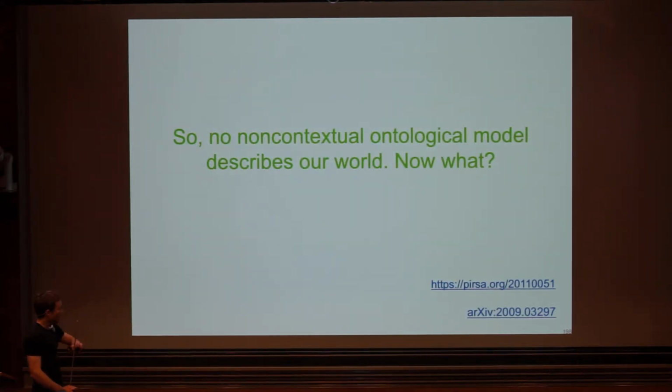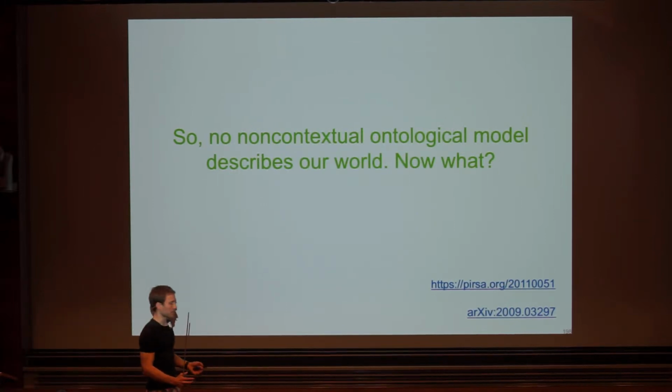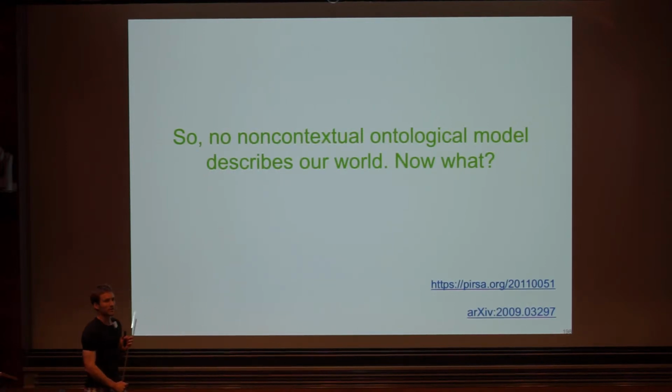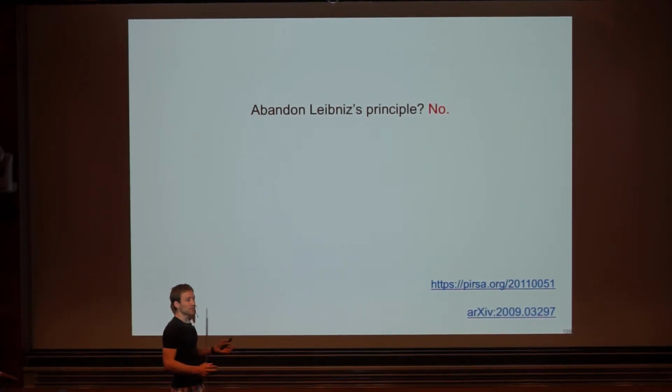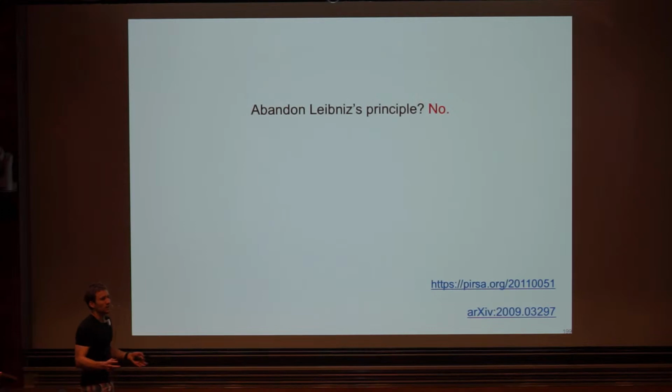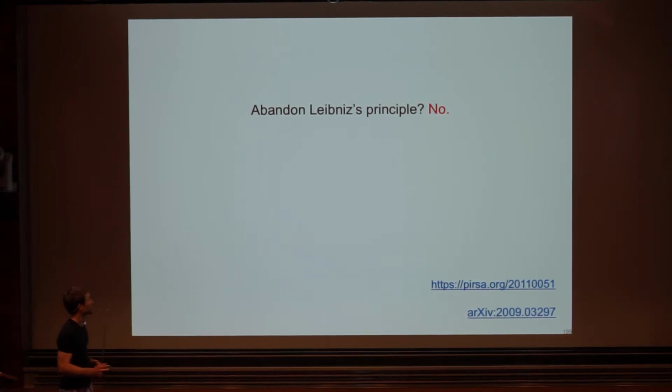Okay, so what do we do in the face of the fact that when we go and look at the world, we see that the world is, in fact, not described by a non-contextual ontological model, right? You derive some inequalities, as we'll do in the last lecture. You go test them, and you see they're violated. So does this mean we should give up on non-contextuality and just say, well, Leibniz's principle worked well for Einstein, but it's not working for us, so we should just give up on the principle?